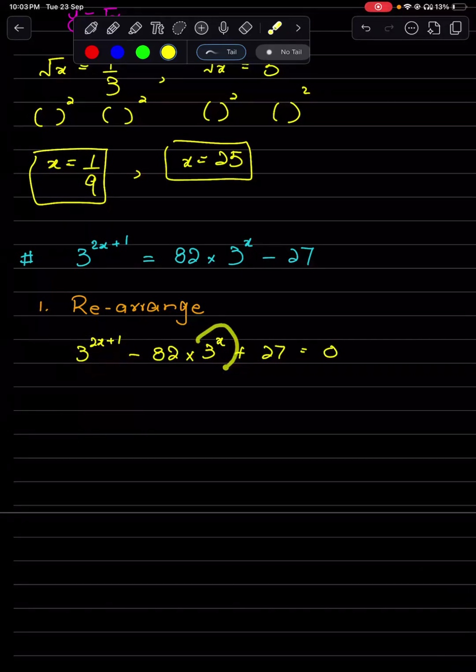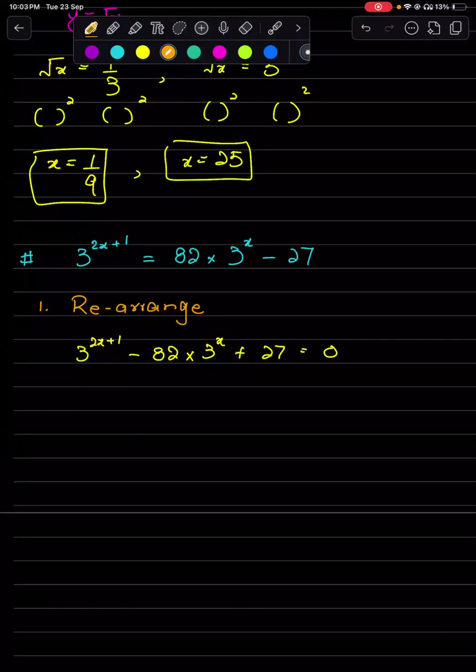The double of 3x should be, 3x double is the square of it in terms of hidden quadratics, and this should be 3 into 2x. But this term is not 3 into 2x, it is 3 raised to power 2x plus 1, so I have another thing, plus 1 in the power.